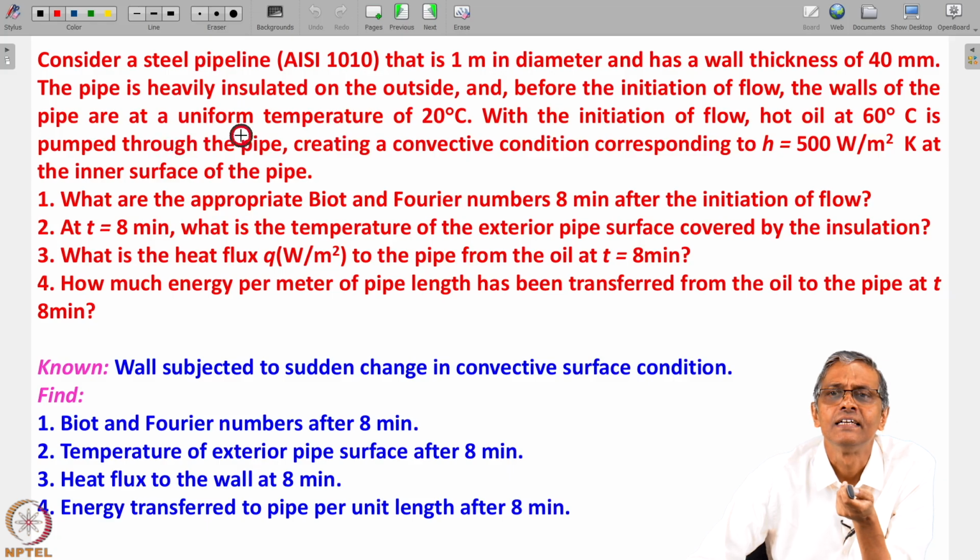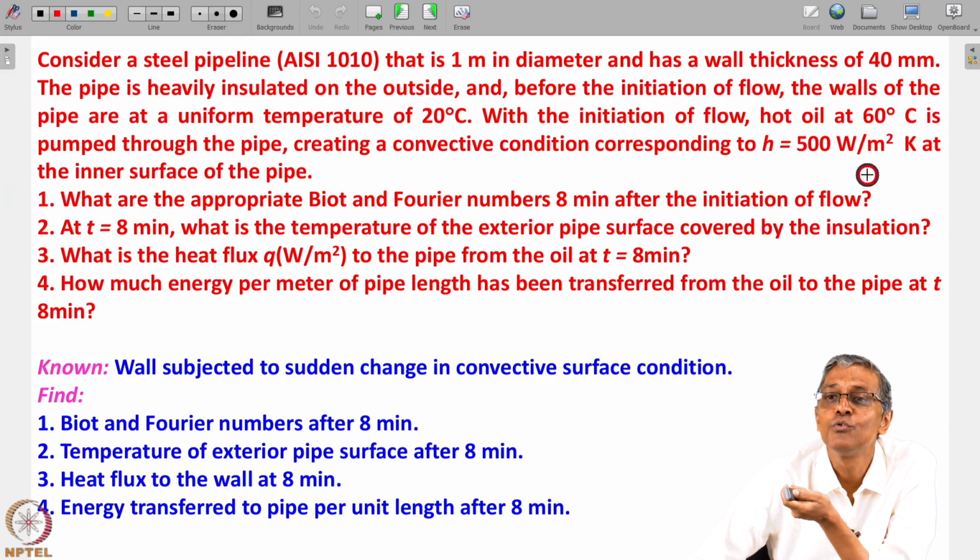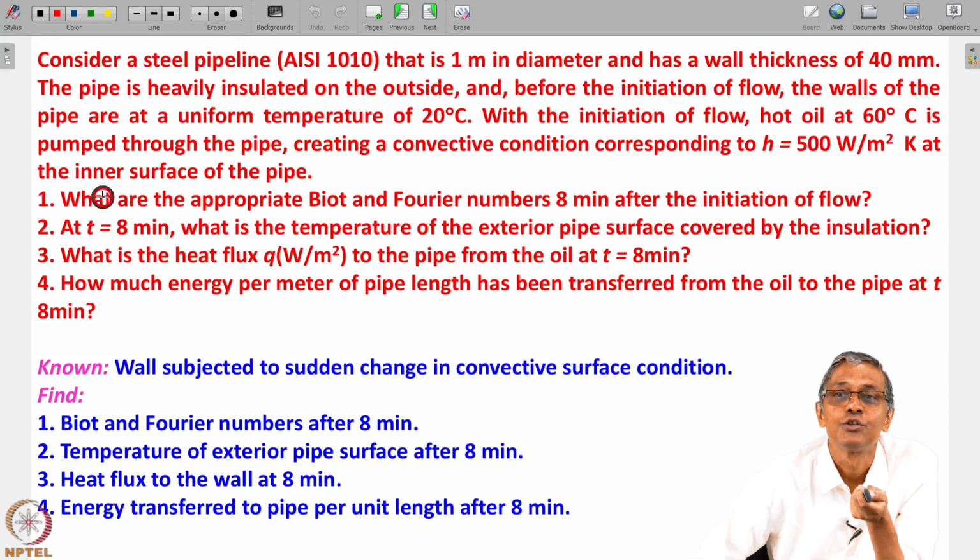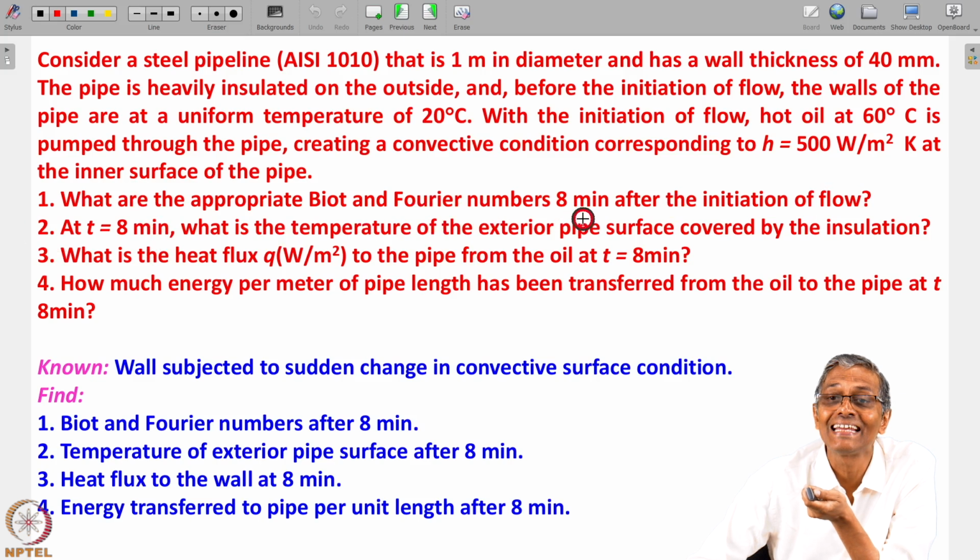The walls of the pipe are at a uniform temperature before, that is Ti equal to 20 degrees Celsius. With the initiation of the flow, hot oil at 60 degrees Celsius, that is T infinity equal to 60 degrees Celsius, is flowing with a convective condition of h equal to 500 watt per meter squared Kelvin, which is quite high. The questions are: what are the appropriate Biot and Fourier numbers at the 8th minute after the initiation of the flow?